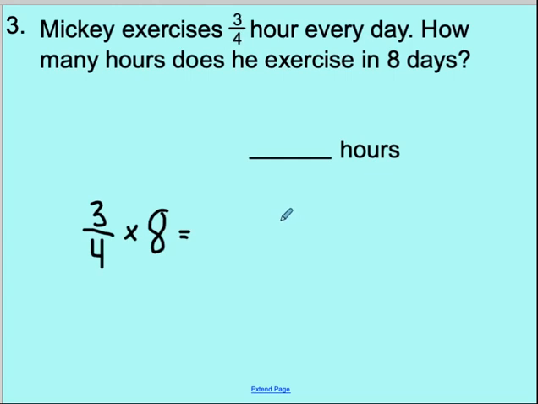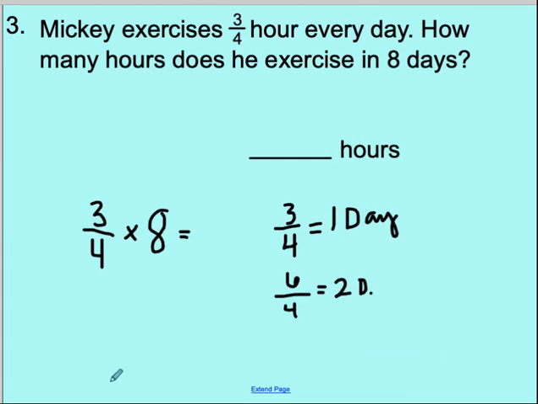So 3/4 would be 1 day. So 6/4 would make 2 days. I'm just going to put 2D because it takes too long to write.